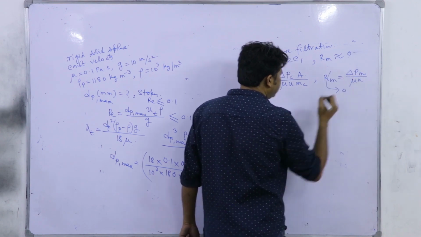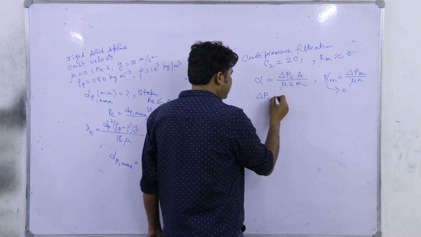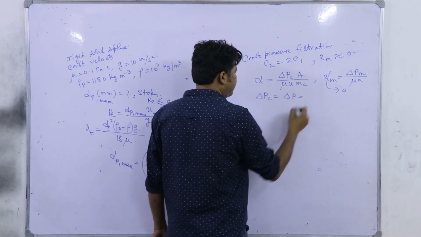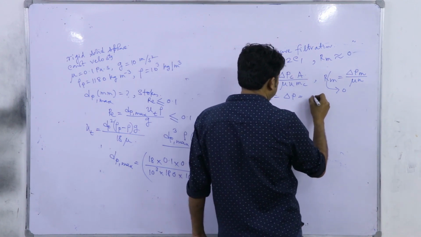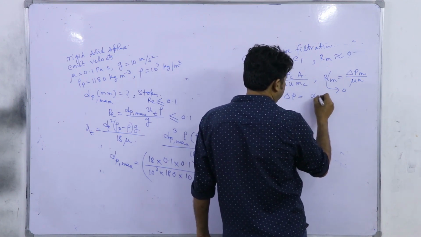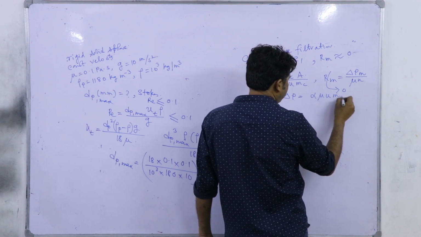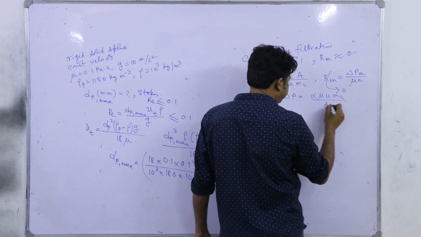So Rm here is 0, so delta Pc equals delta P, and that is equal to alpha mu u mc by A.